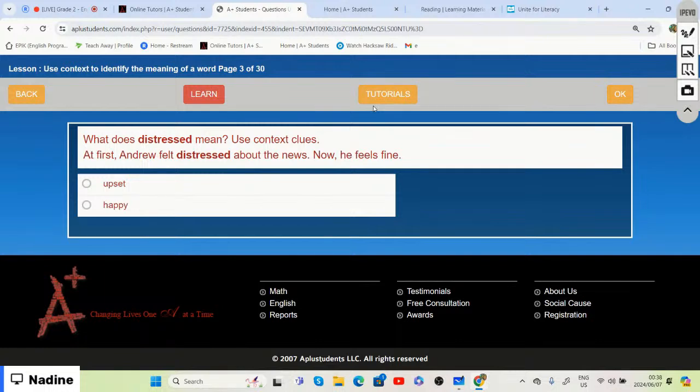Look at the word that is inside of the word distressed. They have the word stressed inside of the word distressed. If you are stressed out, how are you feeling? So distressed is, are you upset or are you happy?